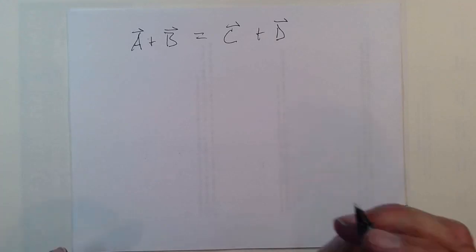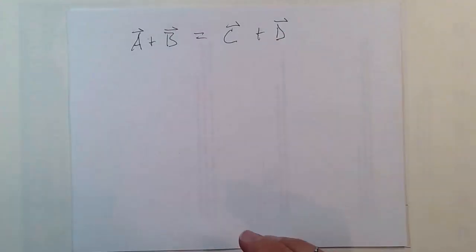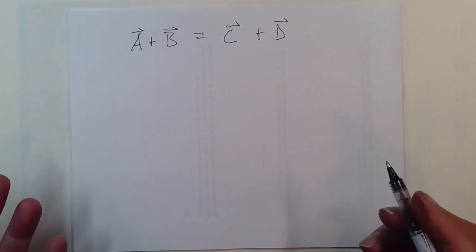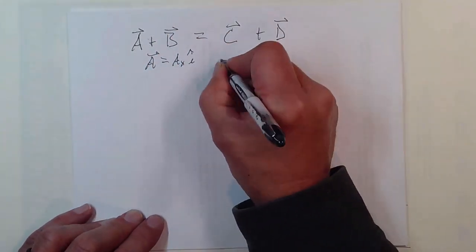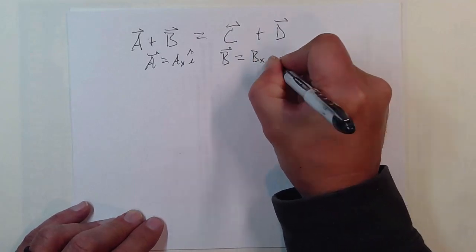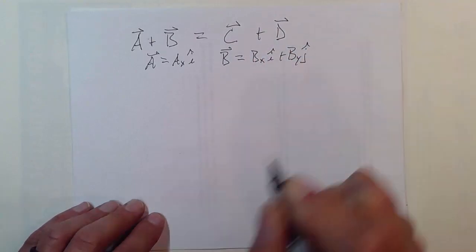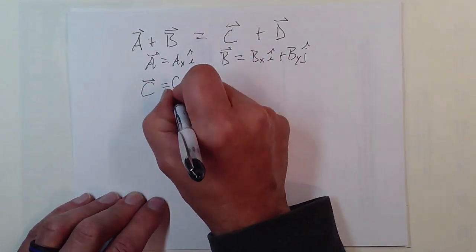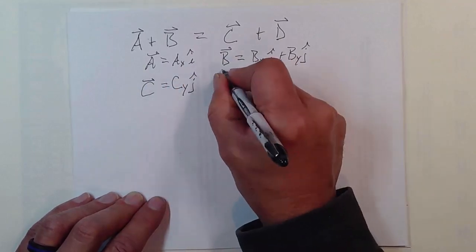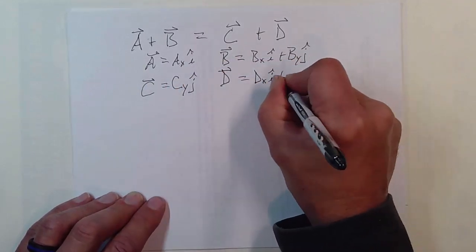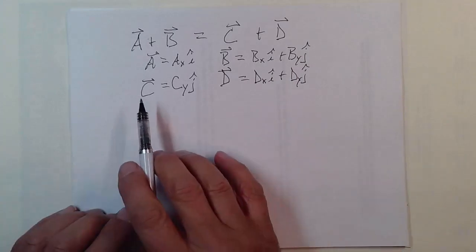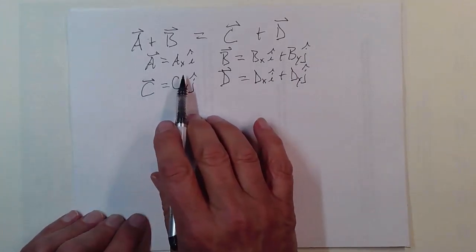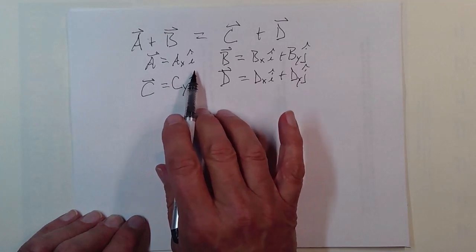For instance, let me write down some expressions for A, B, C, and D. Okay, we have A is equal to A sub x along i hat.